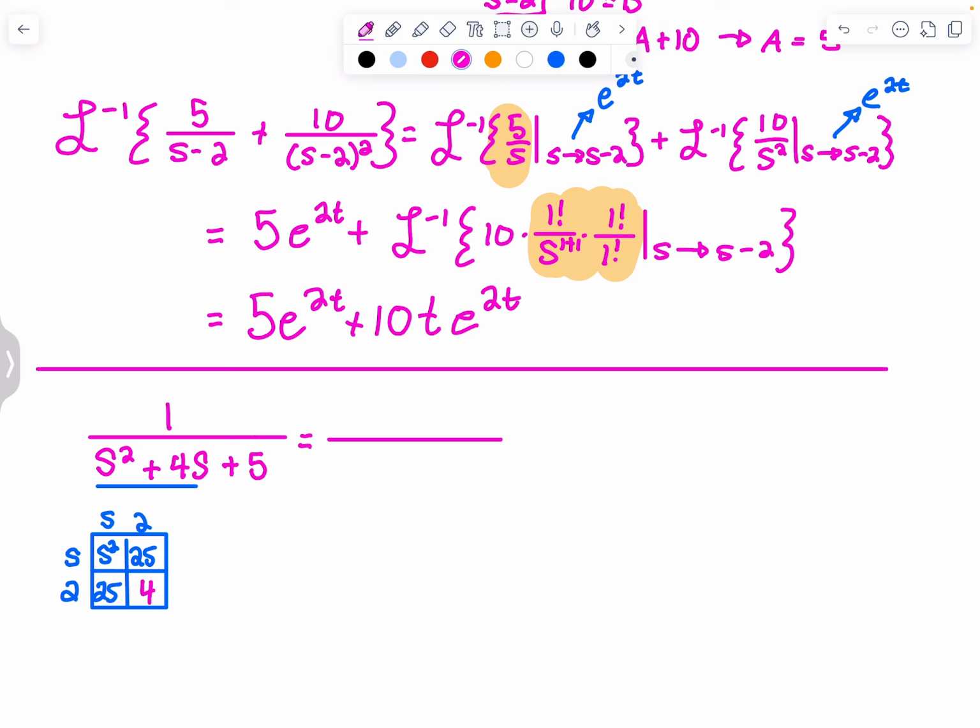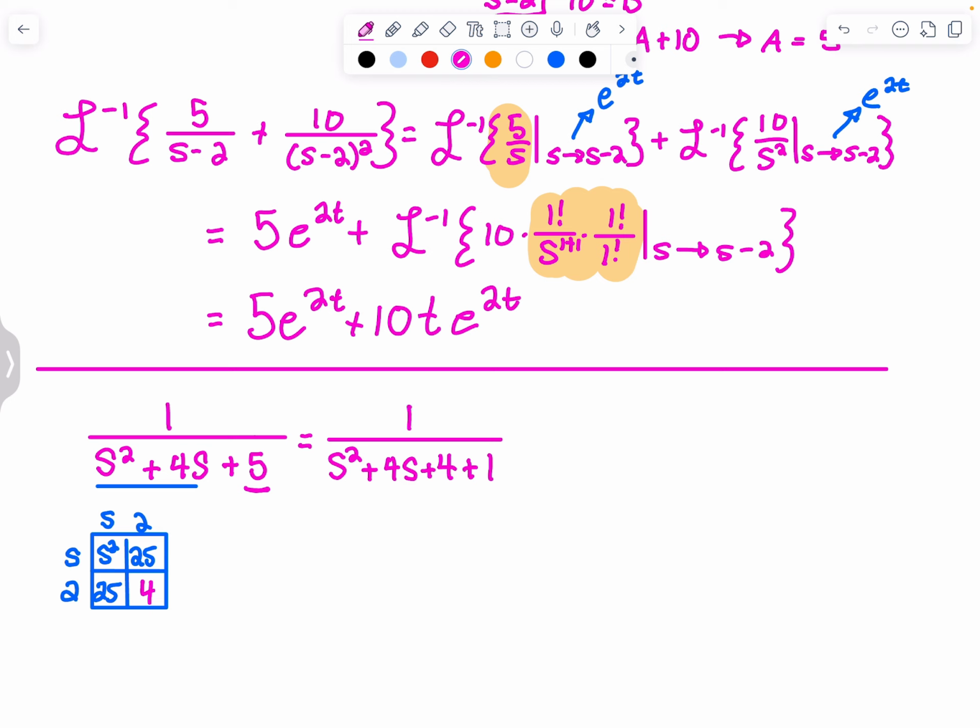So if I put a 4 there with s squared plus 4s, and I put a 4, I can actually factor it to s plus 2 times s plus 2. I'm going to write this out long ways just for a moment. So I get s squared plus 4s plus 4, and then you can manipulate this 5. Okay, I just need plus 1.